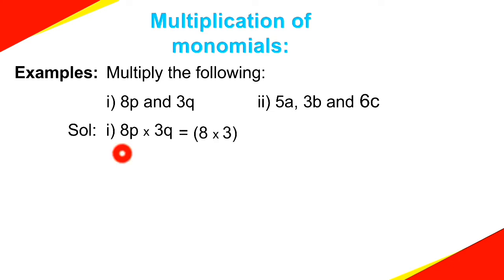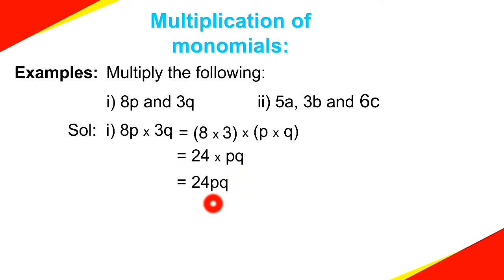Here what are the constant terms we have? 8 and 3. So 8 into 3 into p into q. 8 3s are how much? 24. P into q can be written as pq. 24 into pq can also be written as 24pq.